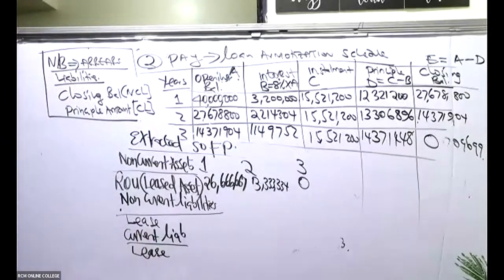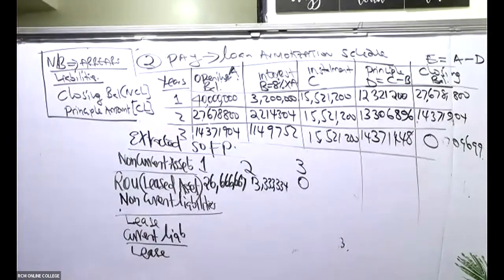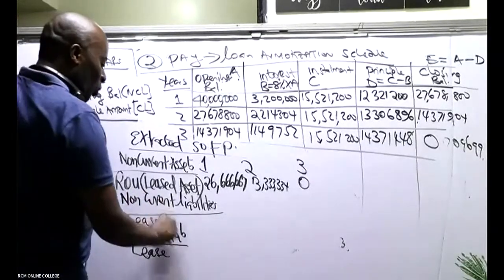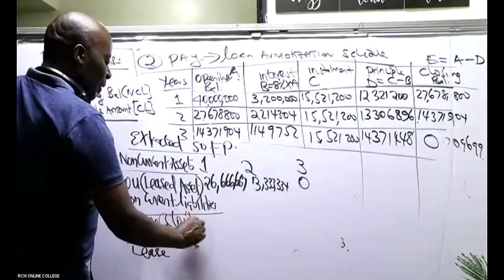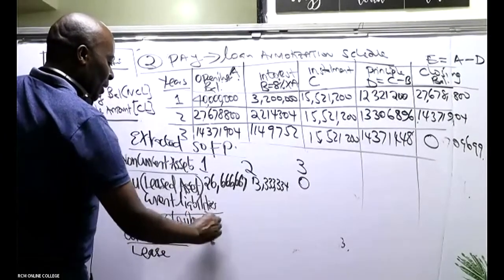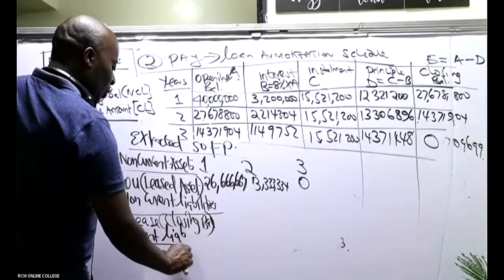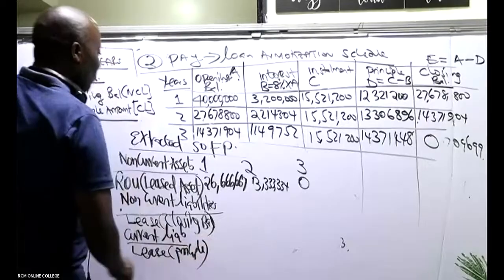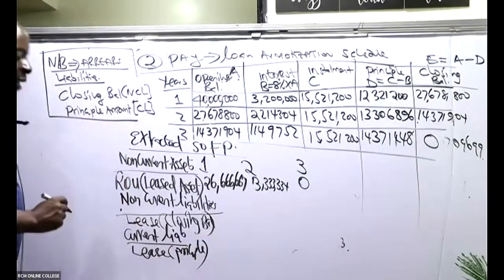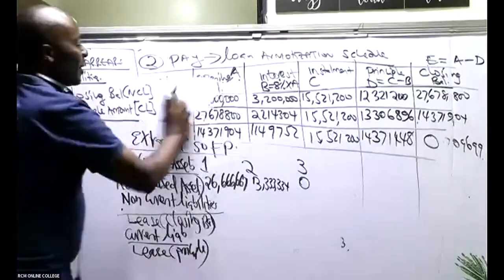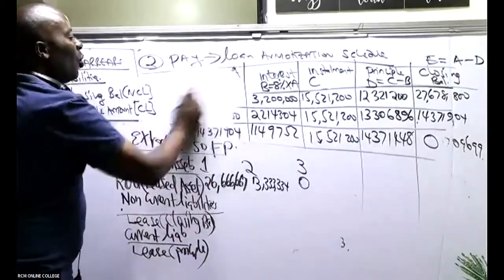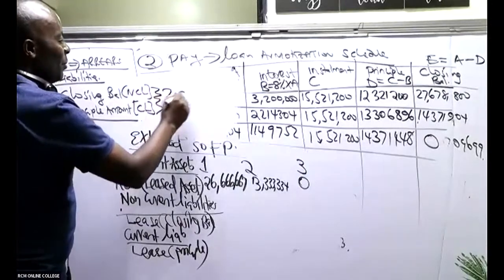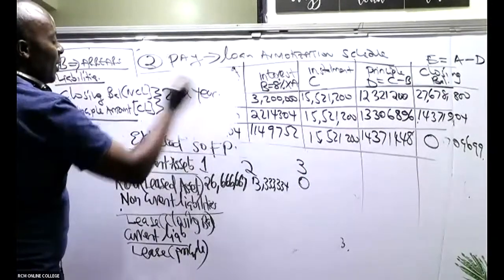Remember, here you're going to pick what we call the closing balance, and here you shall pick the principal amount. But remember, you will start from the second year. The figures you pick will always be from the second year.